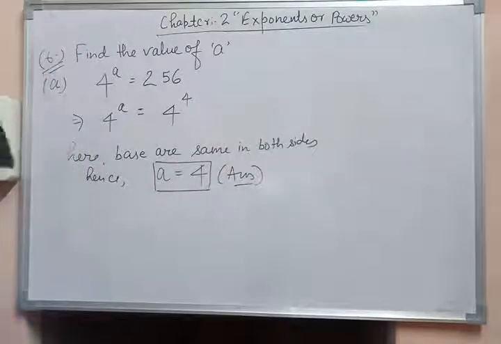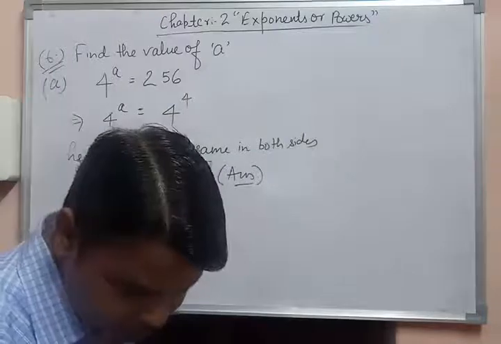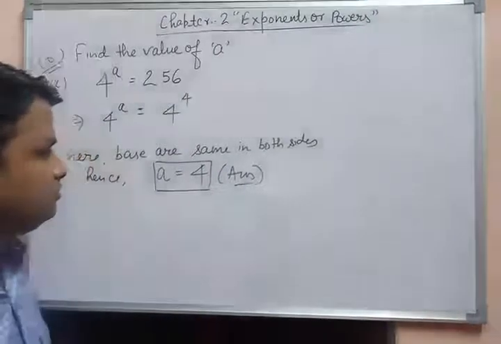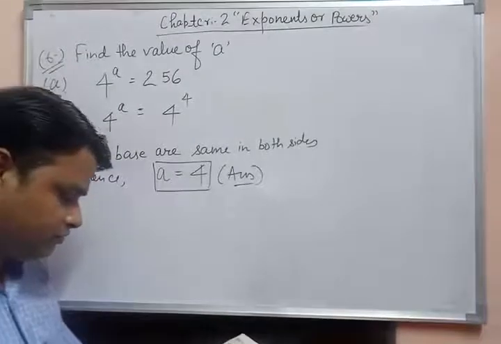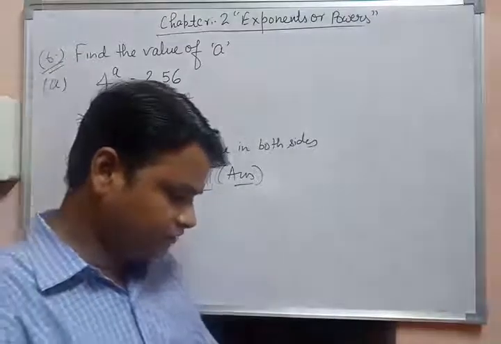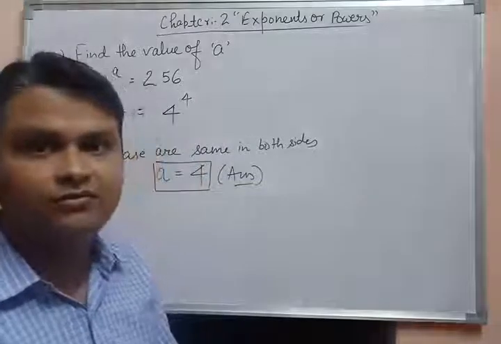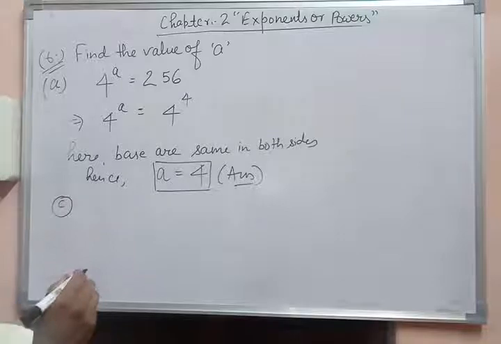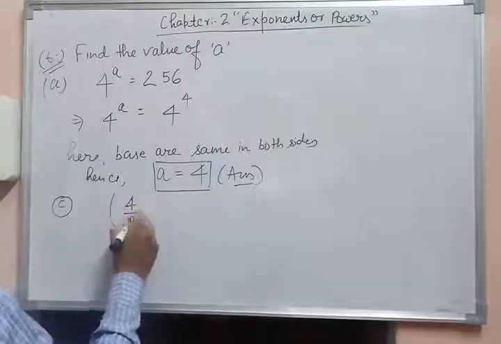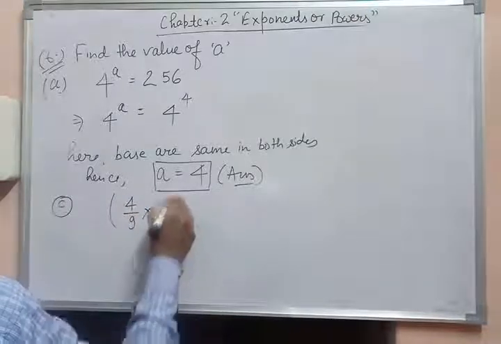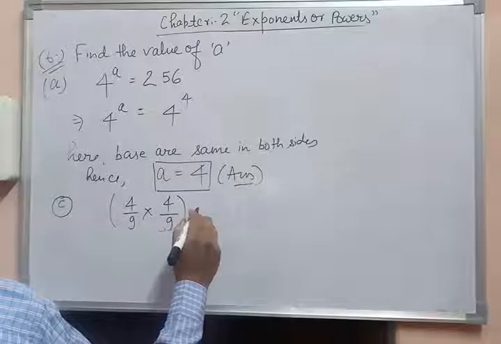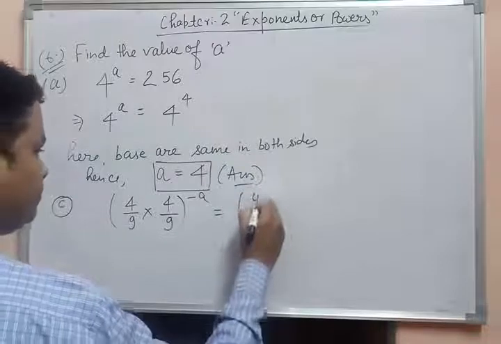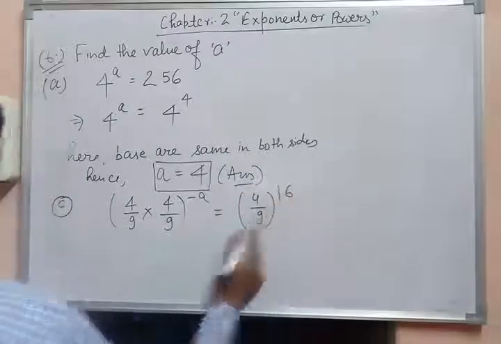Okay students, now moving to our next question. This is part C, and part B you have to solve yourself, part B is the homework. Part C is 4 upon 9 to the power a into 4 upon 9 to the power minus a is equal to 4 upon 9 to the power 16.